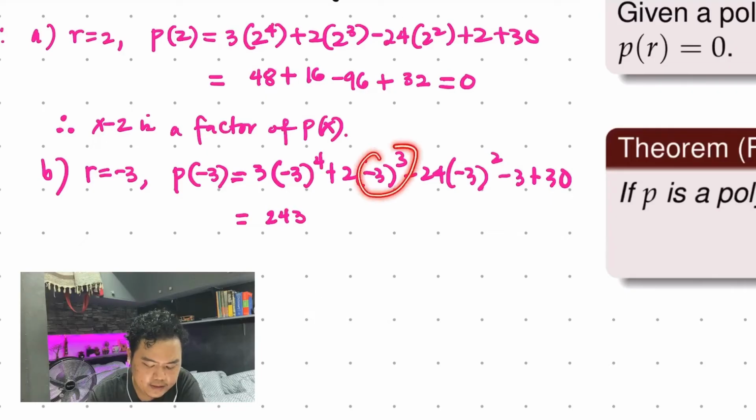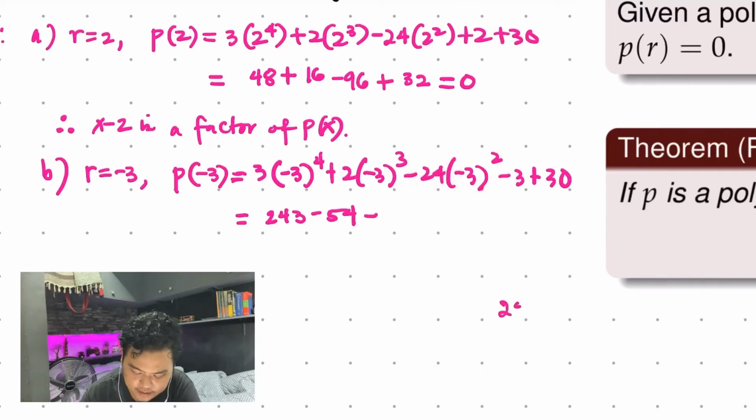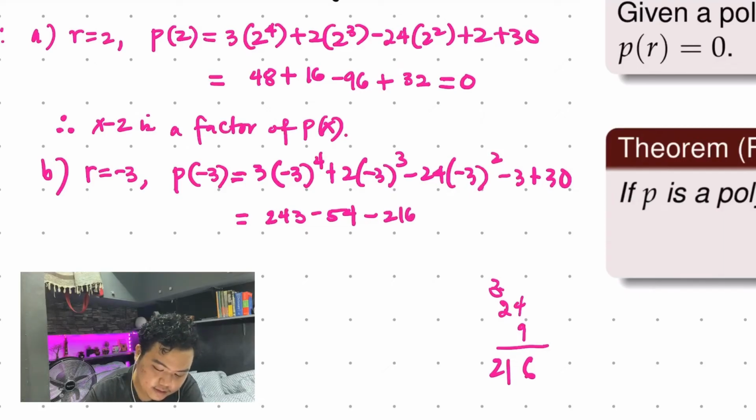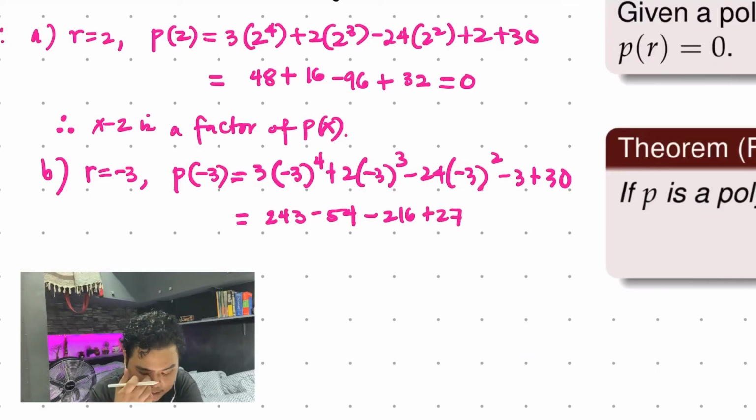Ito naman, negative 27 times 2 is negative 54, minus 24 times 9, which is 216.